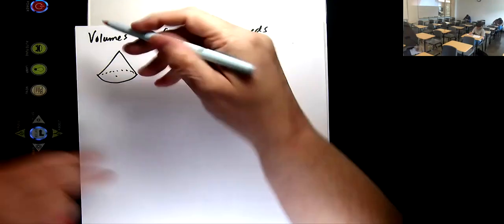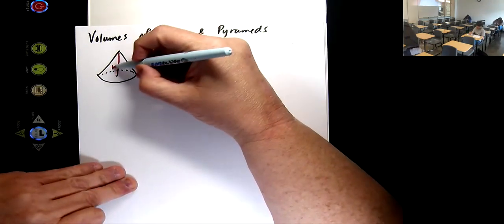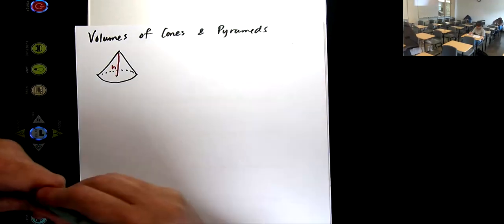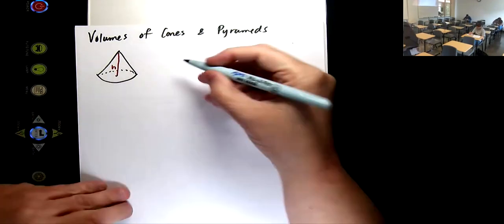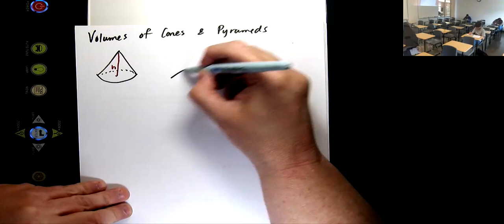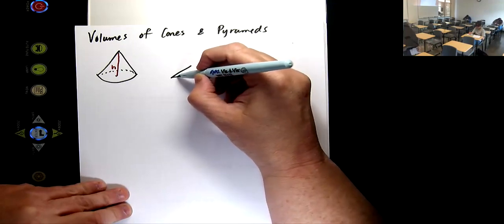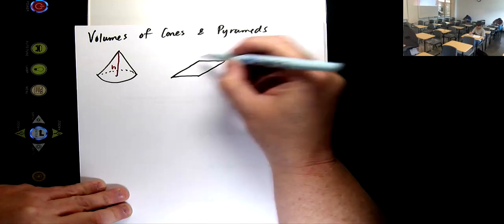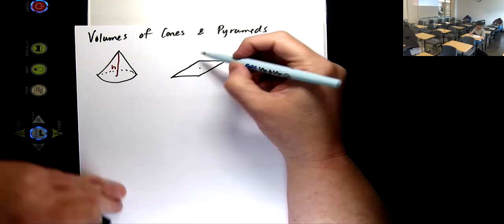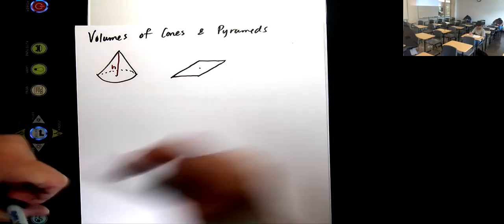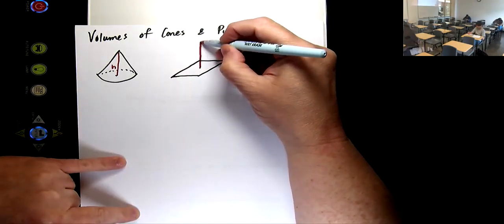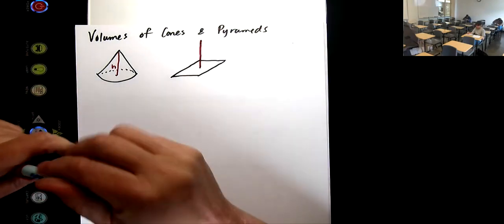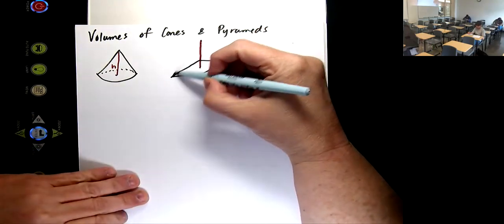And this distance here is the height. Let's see if I can do a good pyramid. It'd be easier if I draw the vertical height up first and then draw points leading to that. That didn't turn out very well.